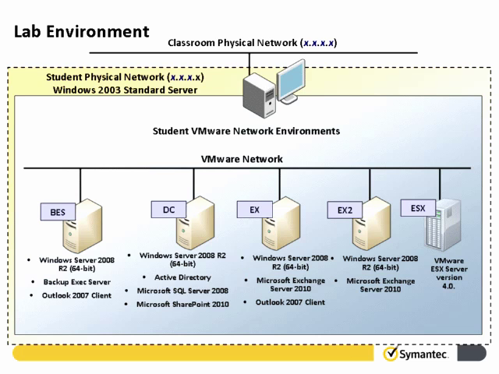For our lab environment, what we have is a physical host that's running 5 different virtual machines. We have a domain controller that is running Active Directory, SQL, and SharePoint. It is a 64-bit 2008 R2 box. Then we have a backup server that is also 2008 64-bit that is our backup server and our Outlook client for Outlook 2007. We have 2 Exchange servers.